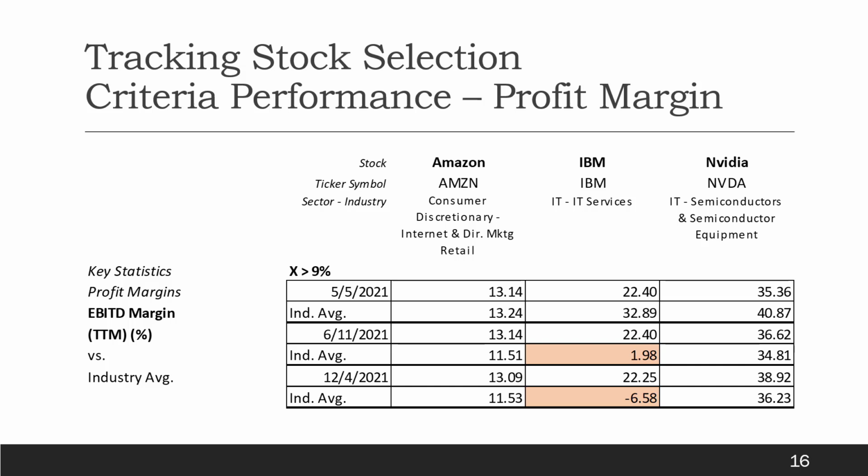All three are above our 9% minimum and above industry averages. The IT services industry is struggling with this margin calculation at an average of negative 6.58%, even with the IBM positive contribution.